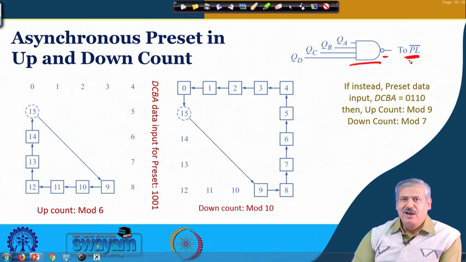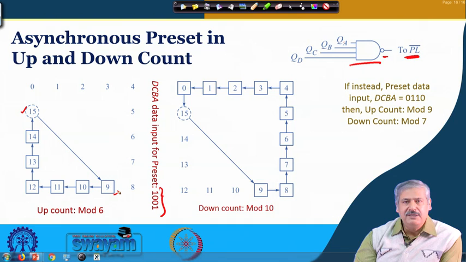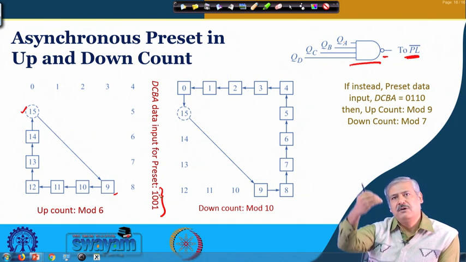Okay. Now, for different conditions, different data input will have different data getting loaded whenever this parallel load occurs, asynchronously within the same clock period, after whatever small propagation delay is there with the basic gate. So, if you have your DCBA data input at that time as 1001, what will happen? Whenever this reaches 15, immediately in that clock cycle, the way we had discussed for 7490, 9 gets loaded, because it is now variable preset.